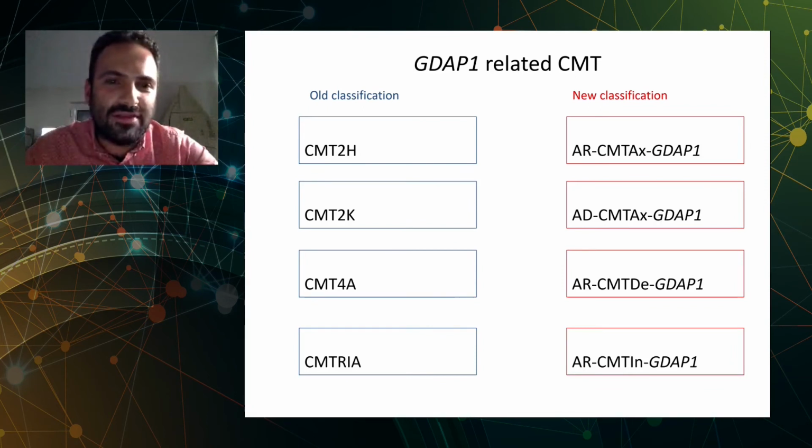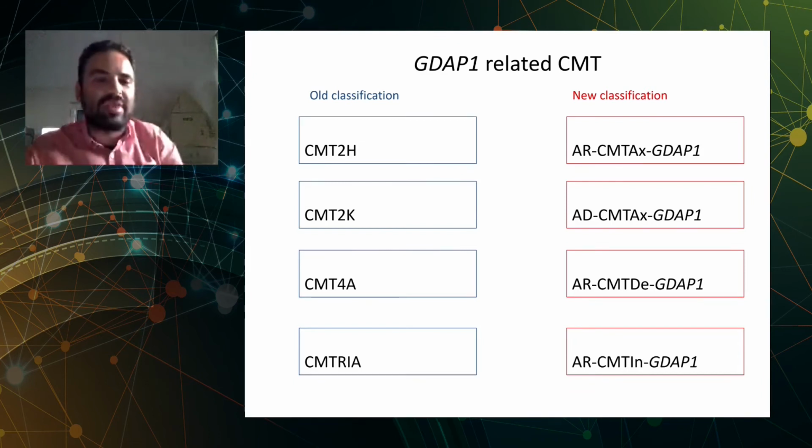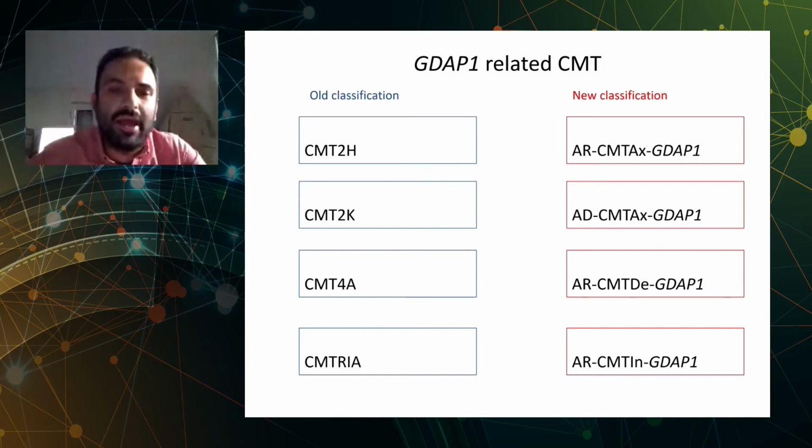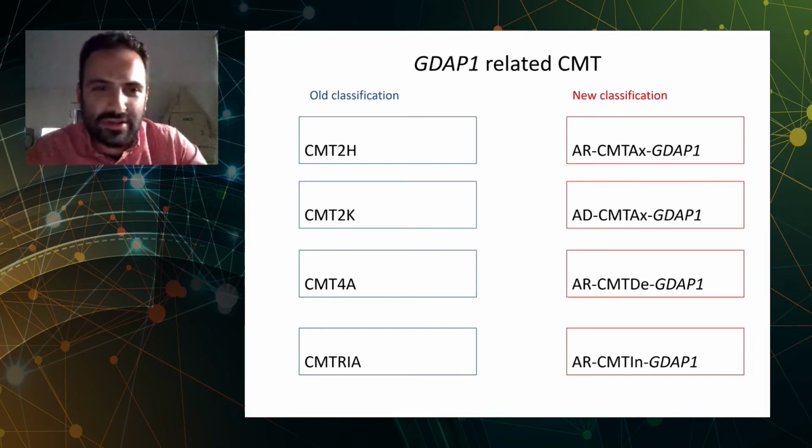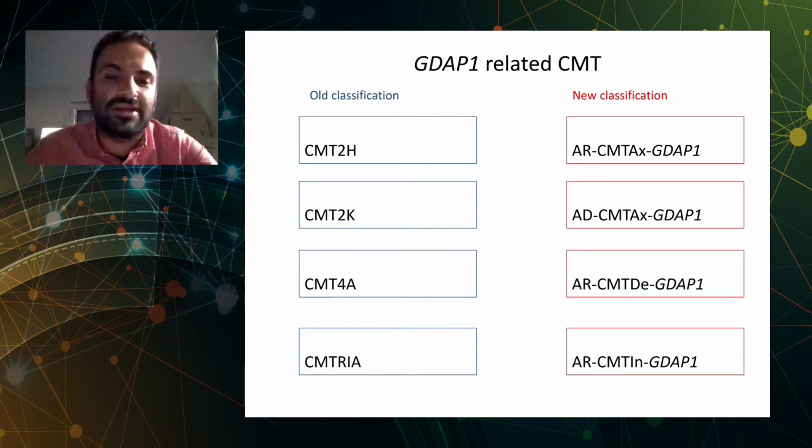Even more complicated, the gene GDAP1 produces several different subtypes in the old classification, and these could be translated under the new classification. For instance, autosomal recessive axonal GDAP1-related subtype corresponds to CMT2H in the traditional classification, and so on. We know the phenotype of the patient.